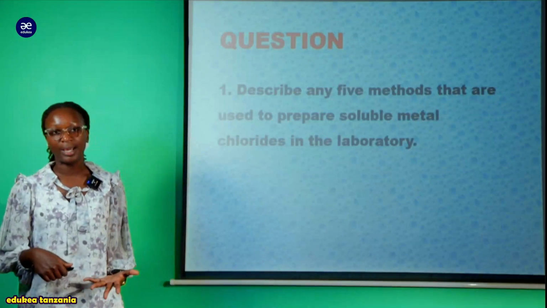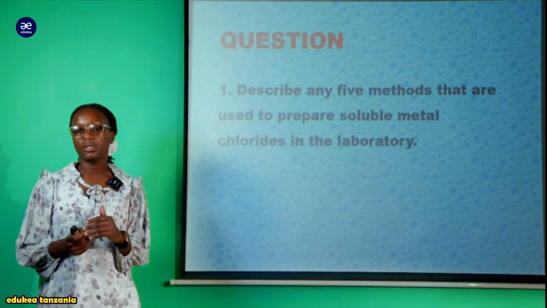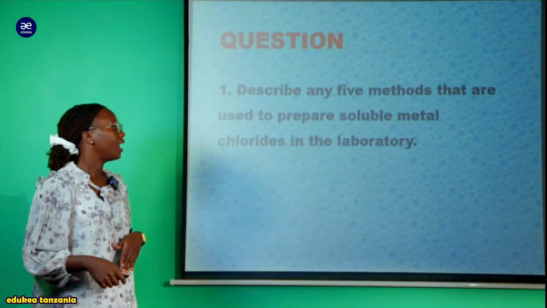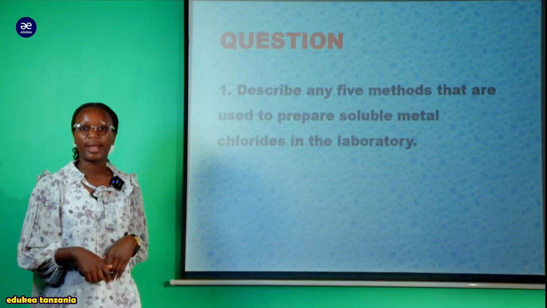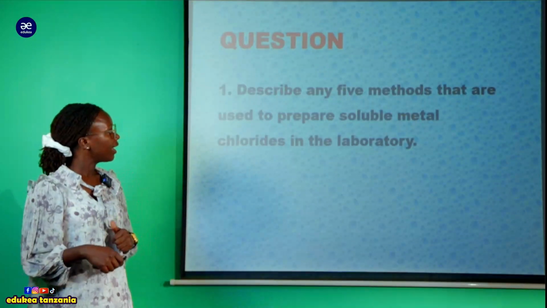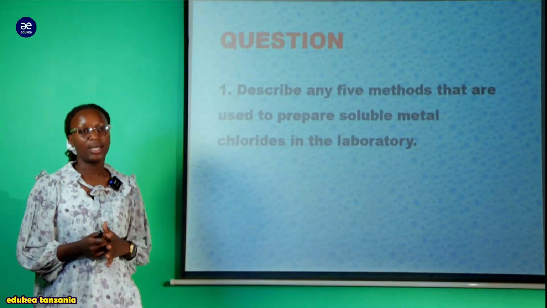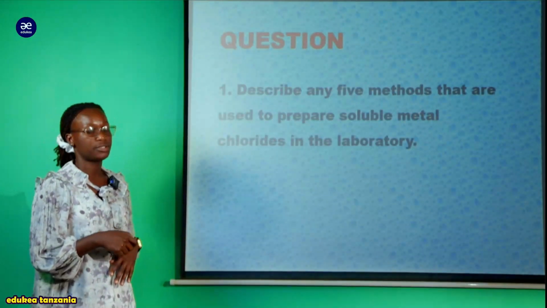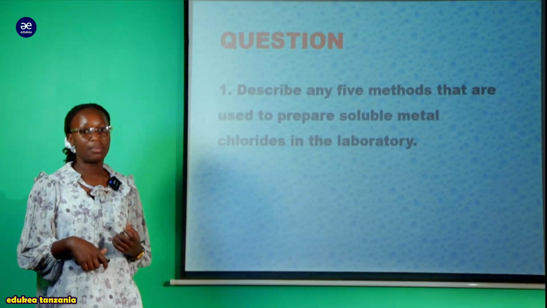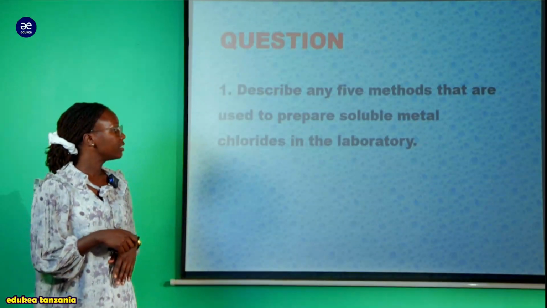Swali letu lina maana gani? The question means that kuna several ways ambazo zinaweza zikatumika ili kufanya preparation ya this metal chloride, au tunaweza tukasema compounds of chloride. So here you are just given a limit. Umeambiwa u-suggest the 5 methods ambazo zinaweza kuwa suitable for making the preparation of this metal chloride.